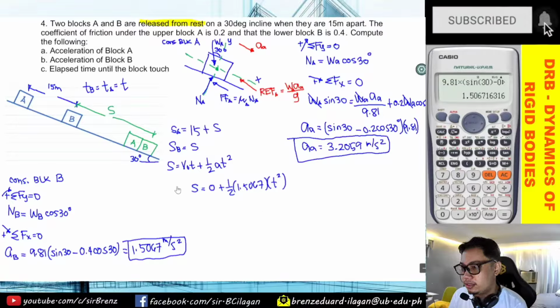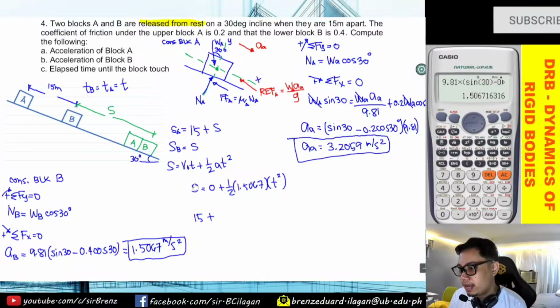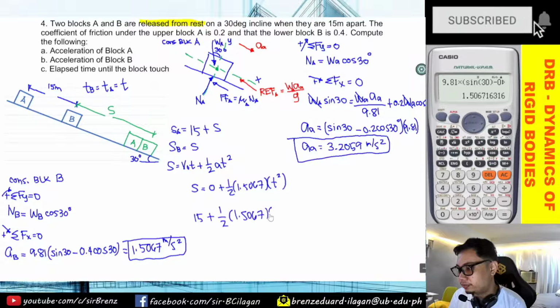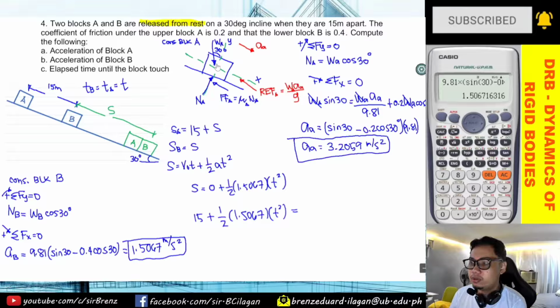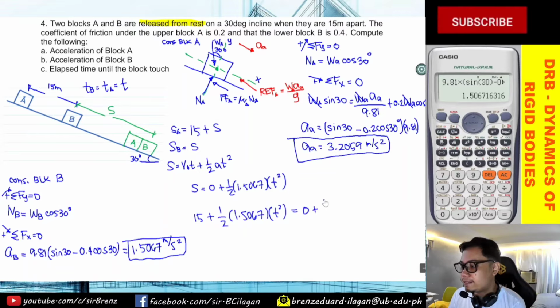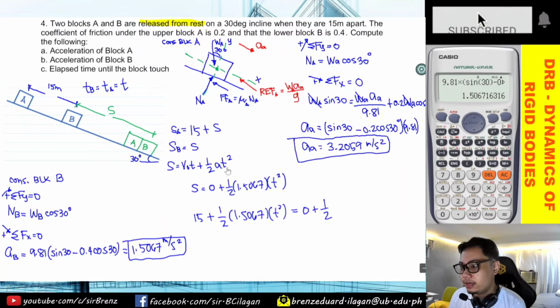Next, considering block A: 15 plus this S, which is 1/2 of 1.5067 T squared, equals the initial velocity of block A, but since both start from rest this part is 0, plus 1/2 A T squared.